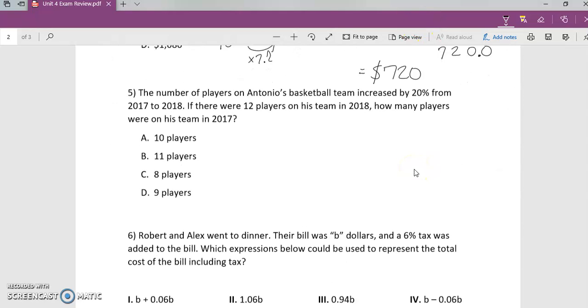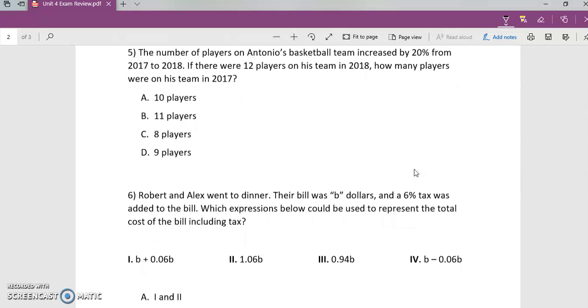Okay, number 5. The number of players on Antonio's basketball team increased 20% from 2017 to 2018. So in that 1 year, they had 20% more players. So if there were 12 players on the team in 2018, how many players were on the team in 2017?